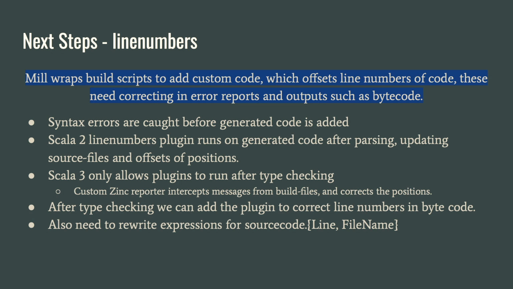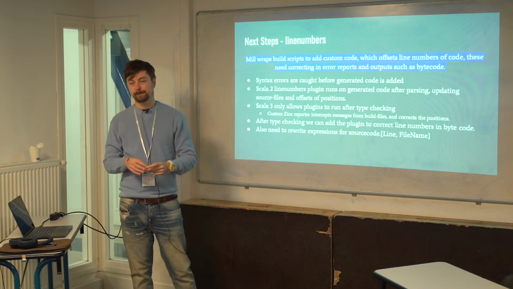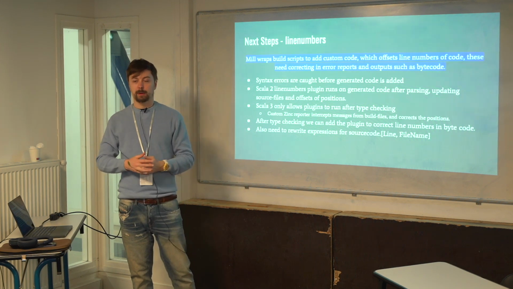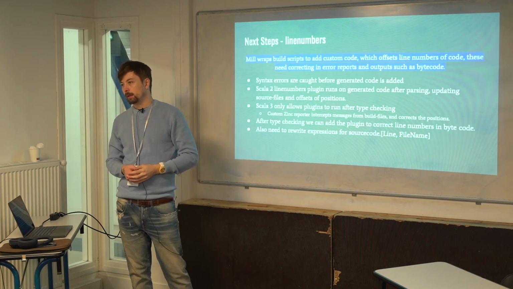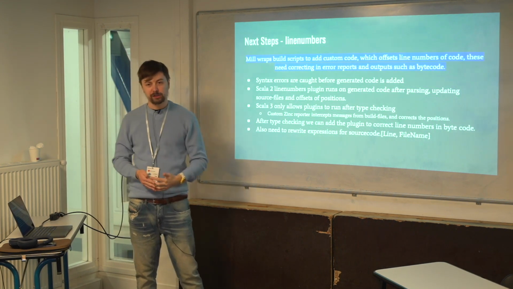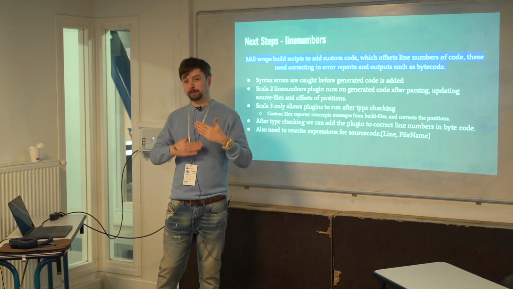But there's a big problem because in Scala 2 this was done with a compiler plugin, and the effect of a compiler plugin can happen at the earliest stage of compilation. In Scala 3 there's a restriction that plugins can only run after the type checking is finished.